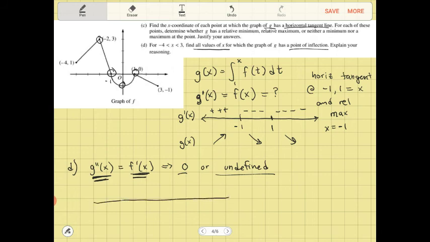So that's the first condition. Sorry, let's try that again. G double prime has to be 0 or undefined, and in this case, it means that the slope of your function f, which is f prime, has to be 0 or undefined.